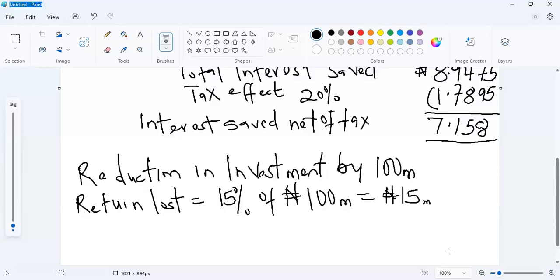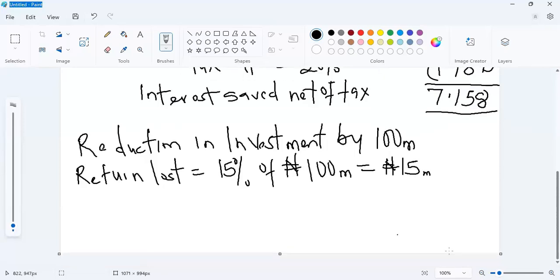Then lastly, before we look at the effects, we have profit on disposal.